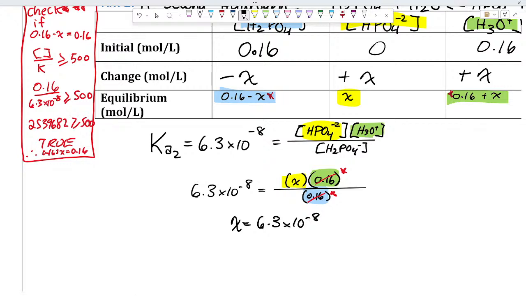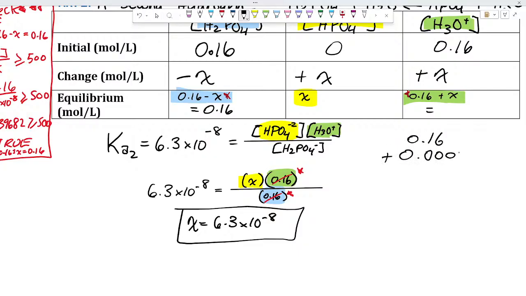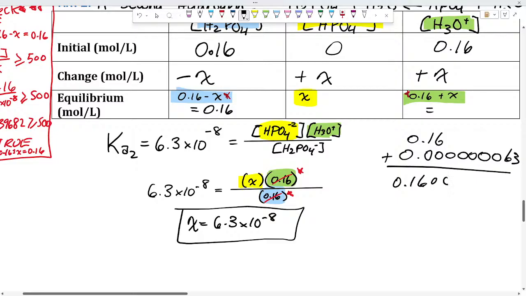Now, let's really quickly ask ourselves, in this case, does that change this at all? Does it change this at all? 0.16 plus X would be 0.16 plus 0.1234567763, which would equal 0.1600000063, which to 2 sig figs is 0.16.